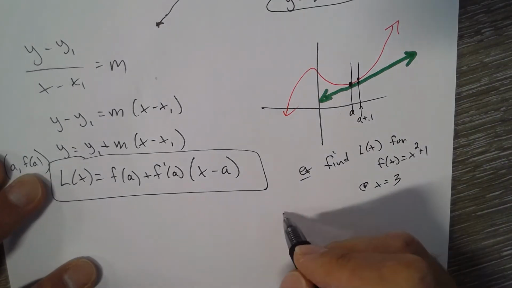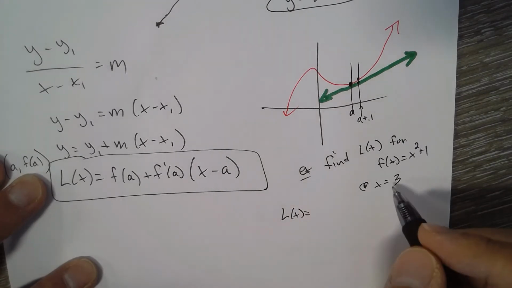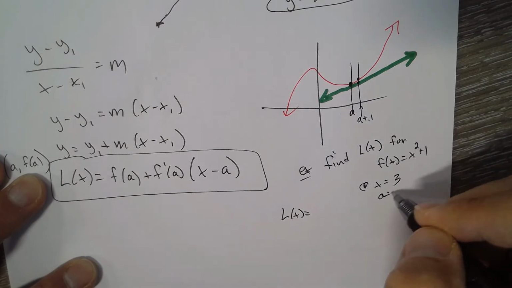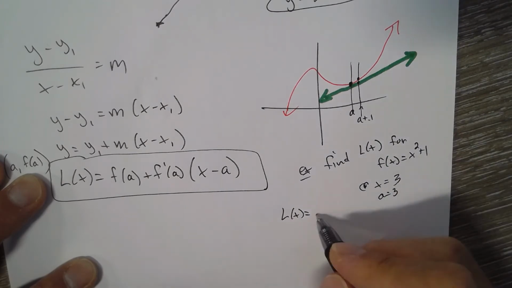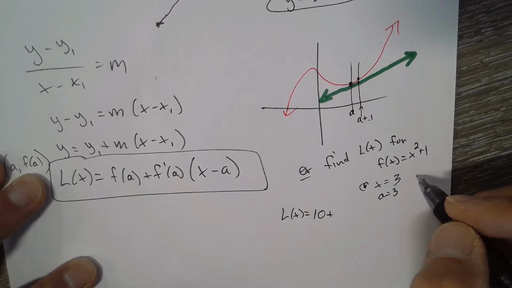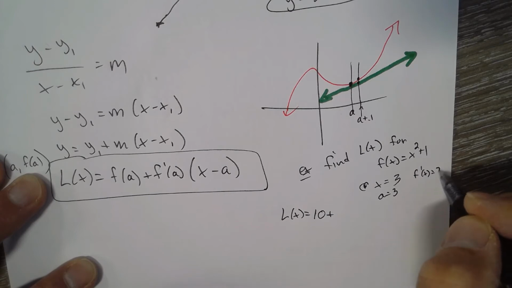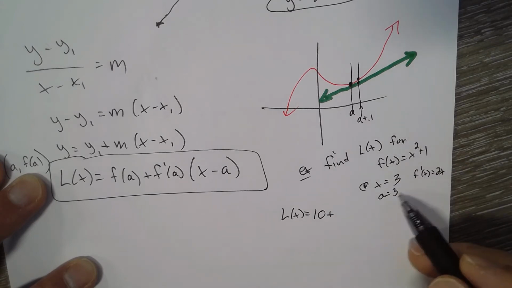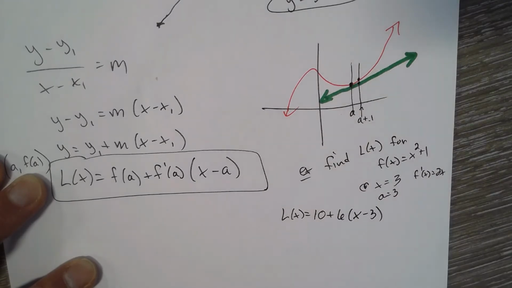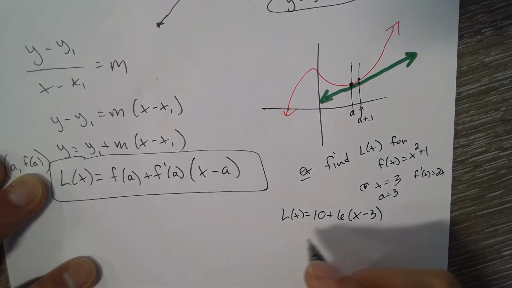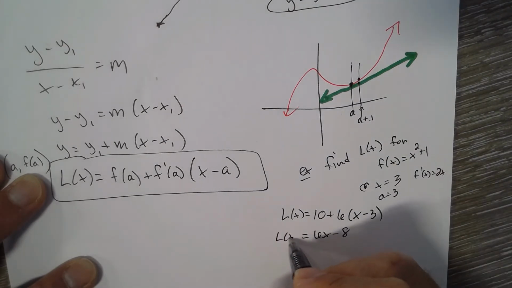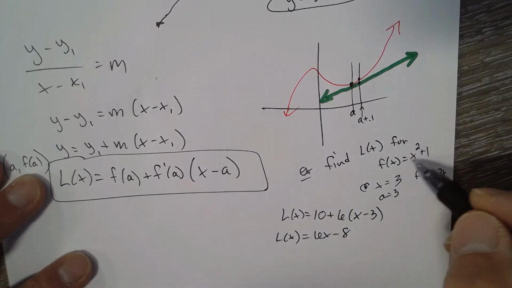Our linearization would be f of a, so a is 3, so it would be 10 plus our derivative. f prime is 2x, so the derivative at 3 would be 6. So there's our linearization, and we could clean it up and we get 6x minus 8. Okay, there's our tangent line at 3 for x squared plus 1.